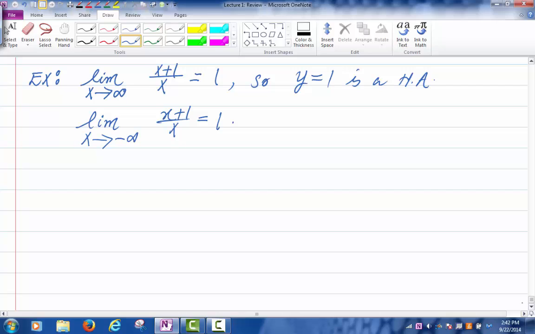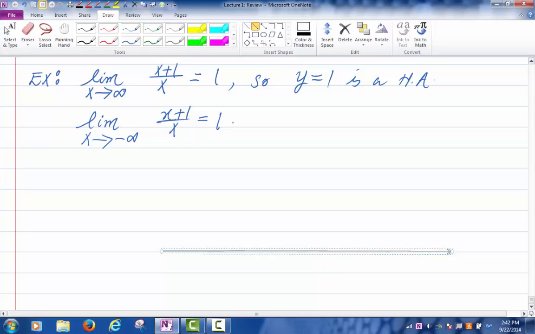Maybe let me give you the graph of this function. Let's just look at the graph and see what's going on. Now, if I ask you to find the horizontal asymptotes of this function, you don't have to draw the graph, of course.